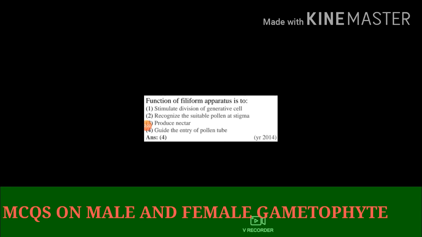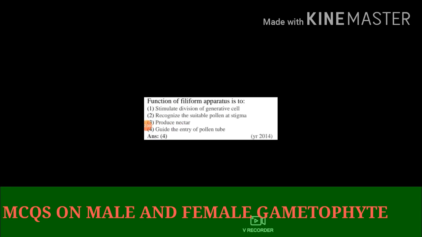Here the option number 4, filiform apparatus guide the entry of pollen tube to fuse the male gamete to form a diploid zygote. This question is also asked in 2014.